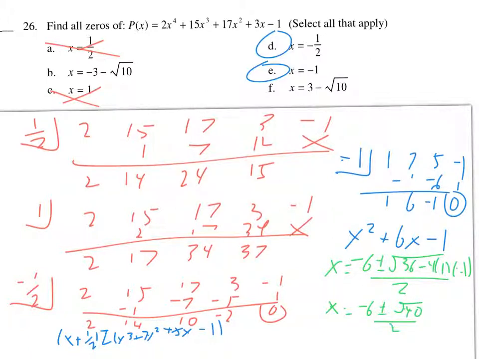And then 40 would break down as 4 and 10, which is 2 and 2. So those would leave. 10 is 2 and 5, so I would just write this as -6 plus or minus 2 rad 10. It's not an i there because it's positive, and then we'll just reduce that to -3 plus or minus rad 10. So it looks like F is correct because it's a +3. I need that -3 out front, so I would get B, D, and E on that one.